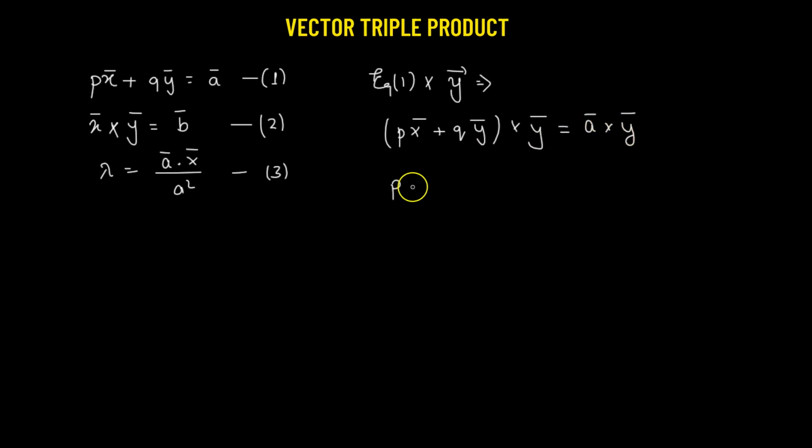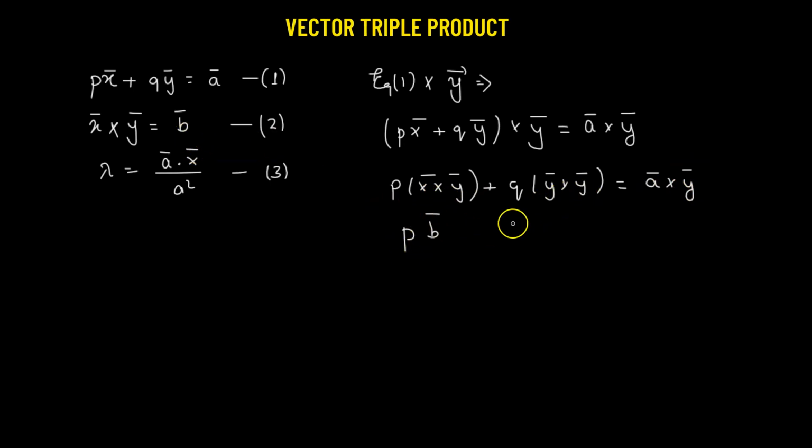Let's expand this. We have p times x vector crossed with y vector, plus q times y crossed with y, equals vector a crossed with vector y. Now x cross y will be replaced with vector v, so we have p v vector. y cross y will be 0 because they are parallel vectors. This equals vector a cross y.